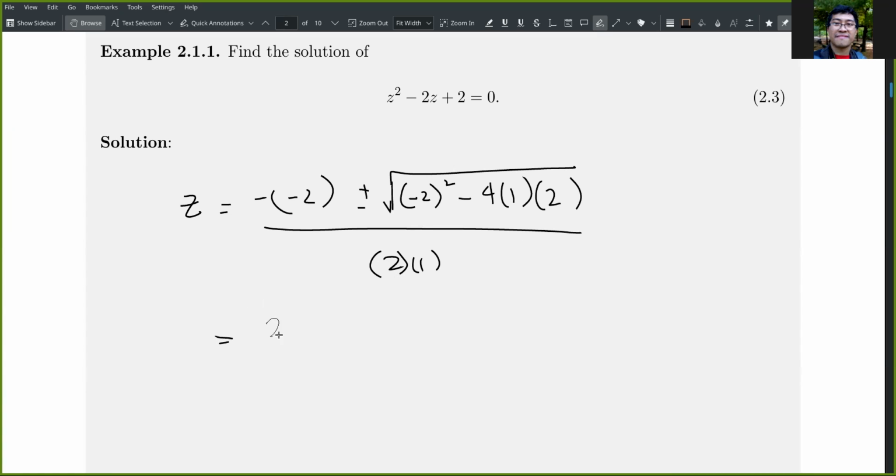Okay, so you have minus and minus, so plus and minus square root of 4 minus 8 all over 2.